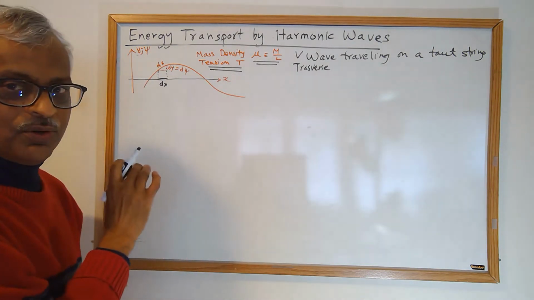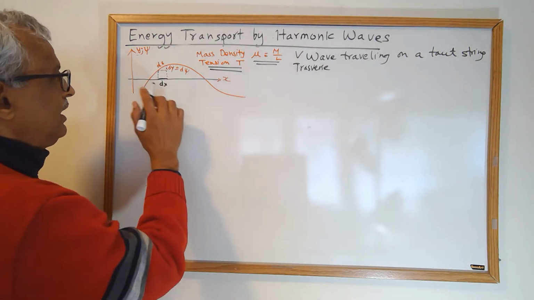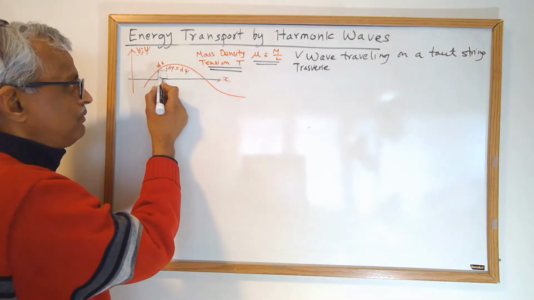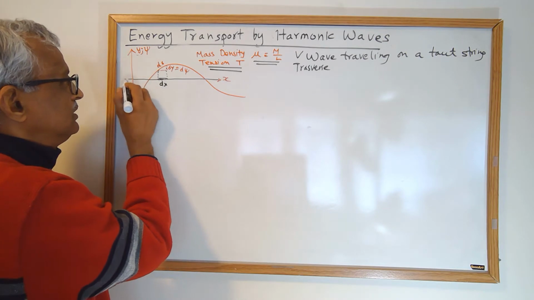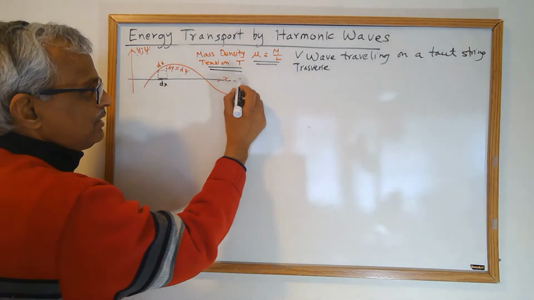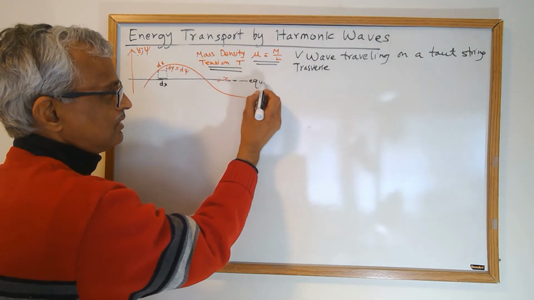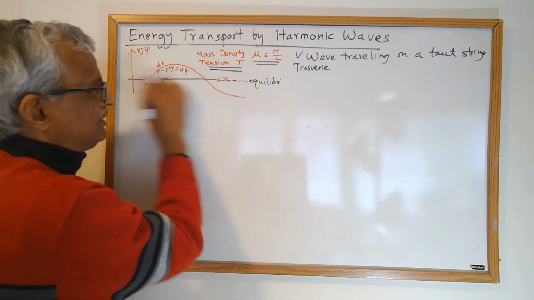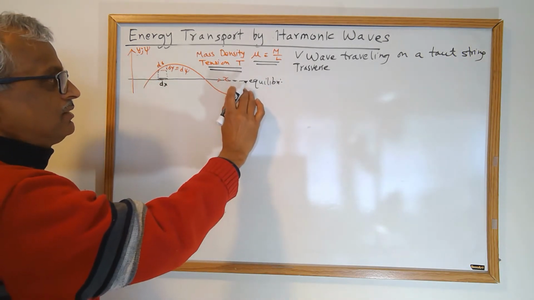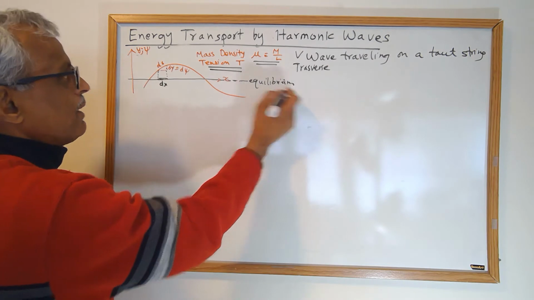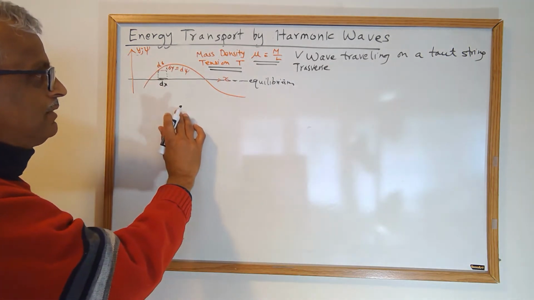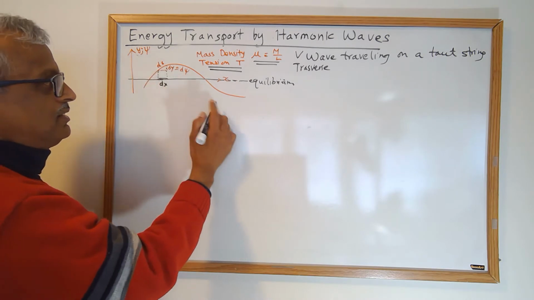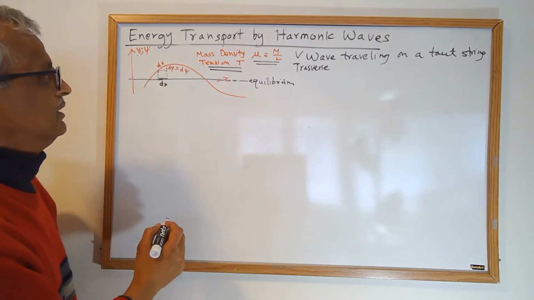So we want to know, if I look at a small part of the string, the equilibrium is this line, which is along the x-axis, and displacement from this is the psi, right? So psi of x,t is the dynamical variable.